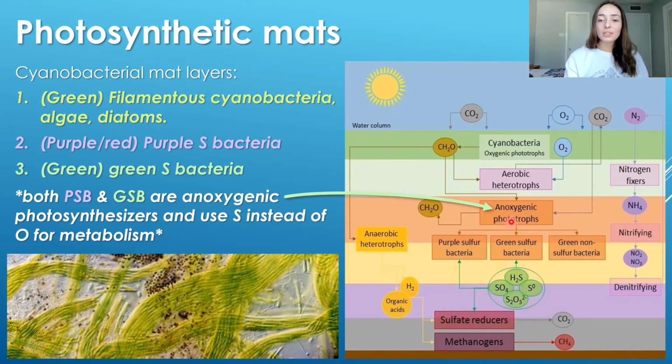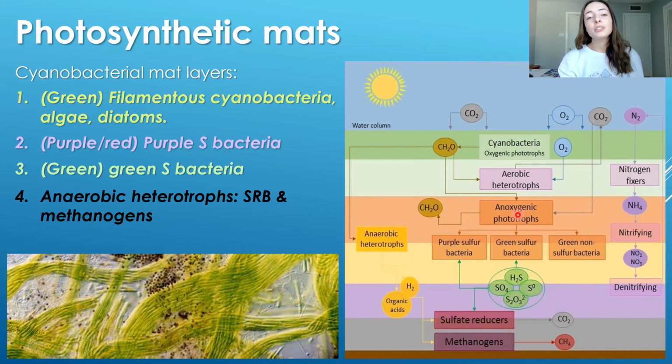And what's cool about these guys and about biological evolution as a whole is that cyanobacteria in their oxygenic photosynthesis use certain wavelengths of light, whereas anoxygenic photosynthesizers like purple and green sulfur bacteria use totally different wavelengths of light. And therefore, the light that does penetrate down to where those guys are is actually the type of light they like. And so it works in their favor to be deeper down where the sulfur is, where the light they like is, and where the oxygen is not, and so on.